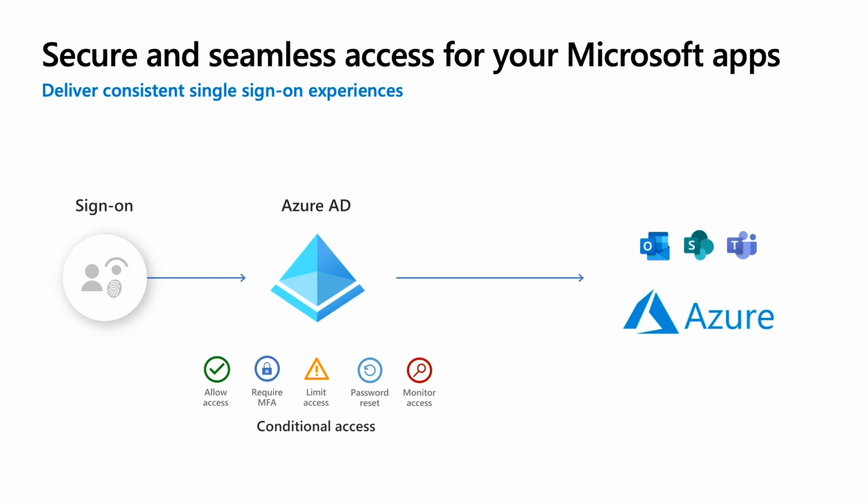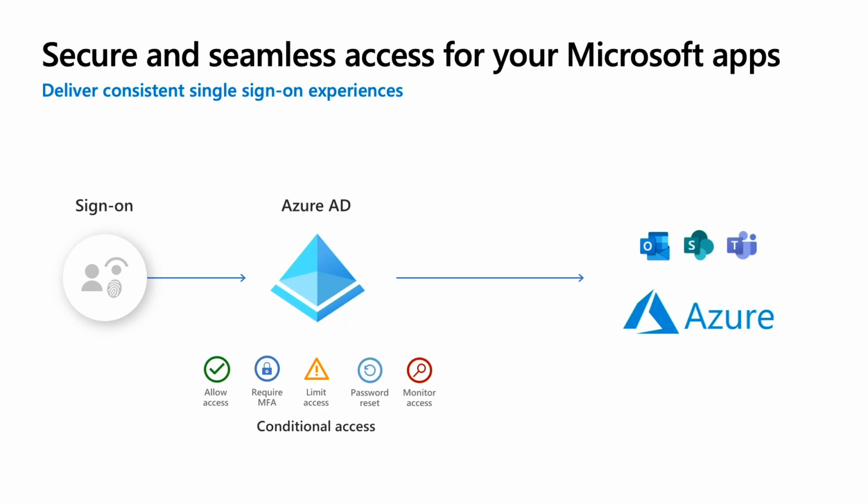Many of you are using Office 365, and this means you're using Azure Active Directory. Azure Active Directory is the identity system that powers Microsoft's enterprise services. Many of you might be using multi-factor authentication or our policy-based access control, conditional access, which allows you to decide which circumstances you're comfortable users accessing apps under.